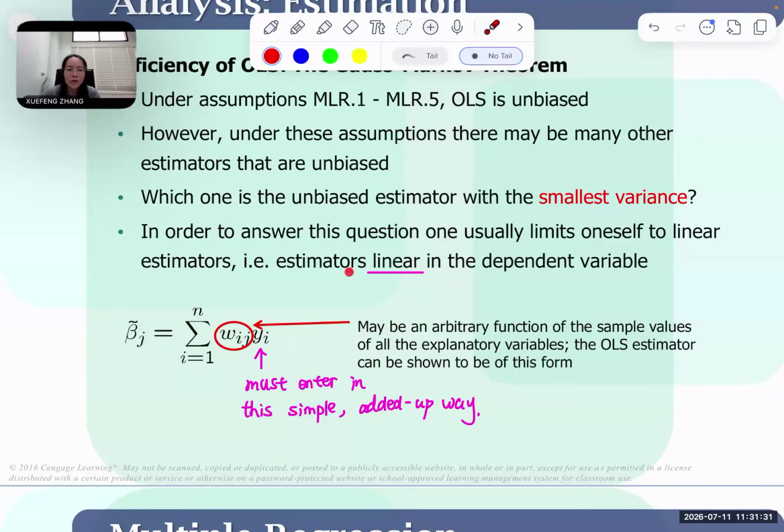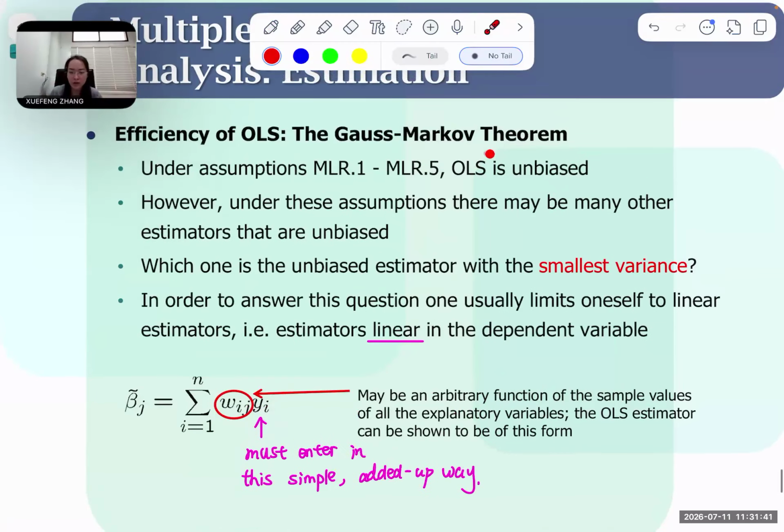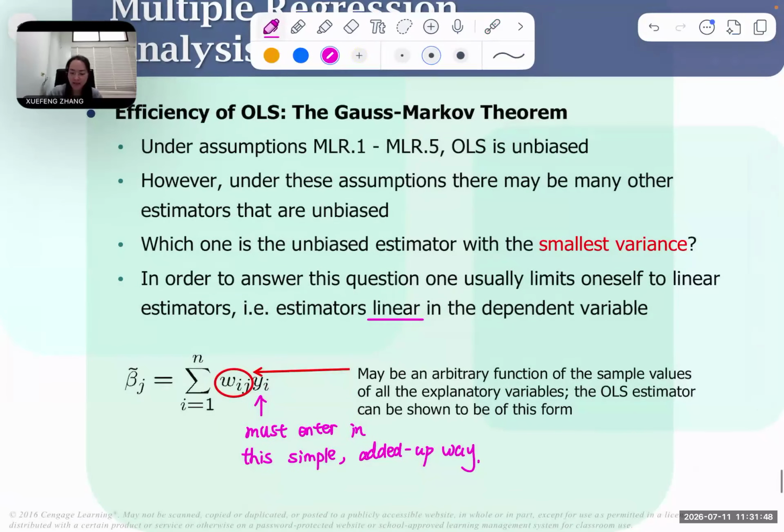So why restrict to linear estimators? Among all these different possible weighting schemes, which one gives the smallest variance? That's what the Gauss-Markov theorem answers next. We want the smallest variance.